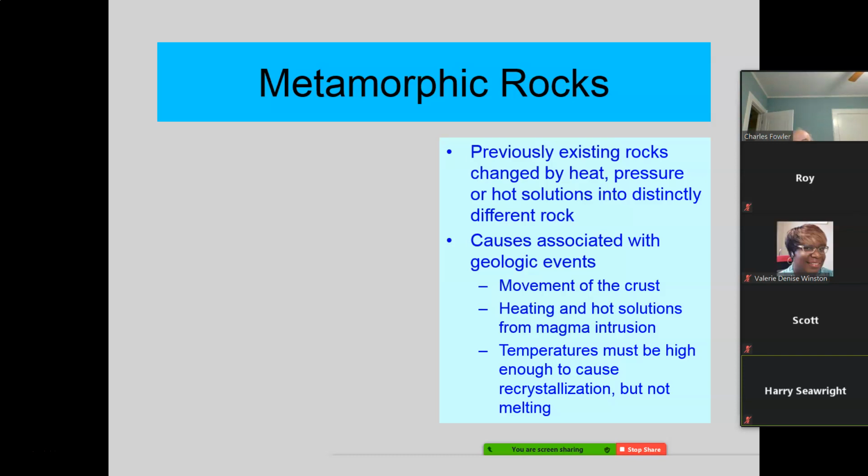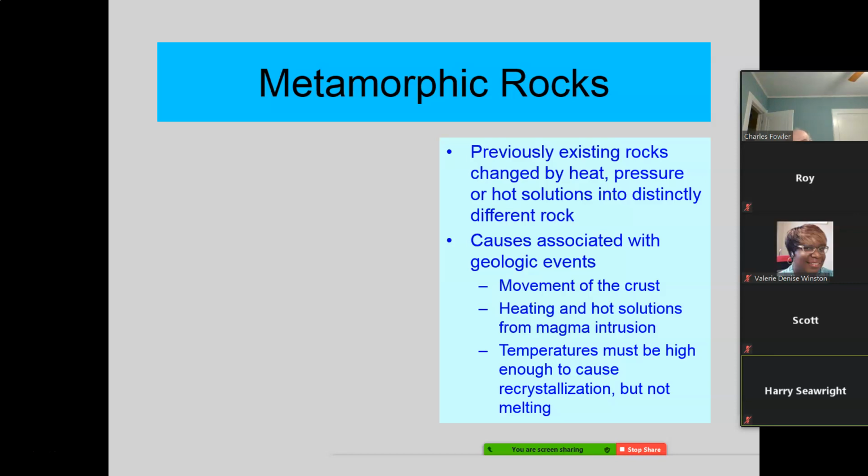The pressure there, if that magma can find a gap, find a weakness, find a crack, find anywhere it can go, then it's going to be squeezed up there and maybe carry with it some hot solutions of waters and chemicals and other things like this. So that could be a geological event that causes some of this heat, some of the pressure, and some of the hot solutions.